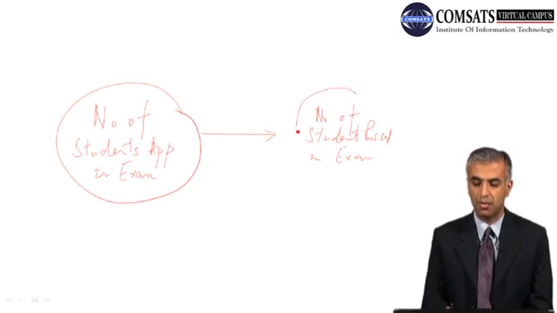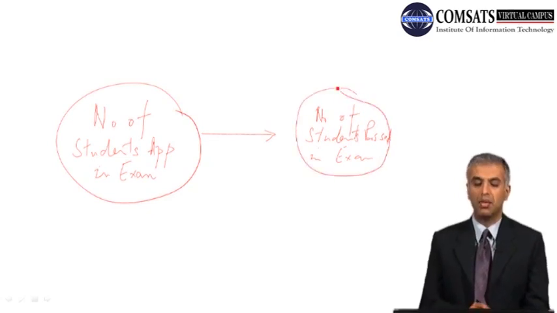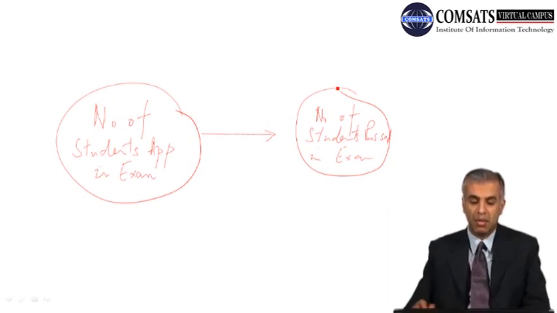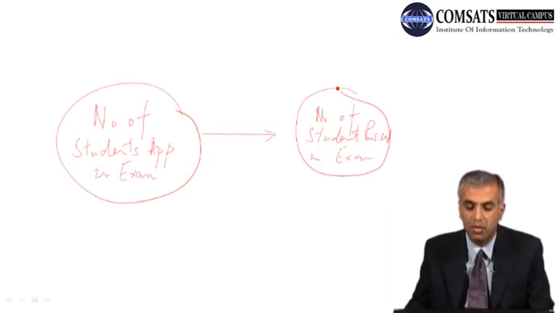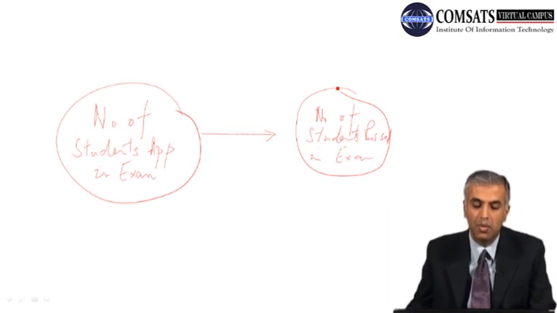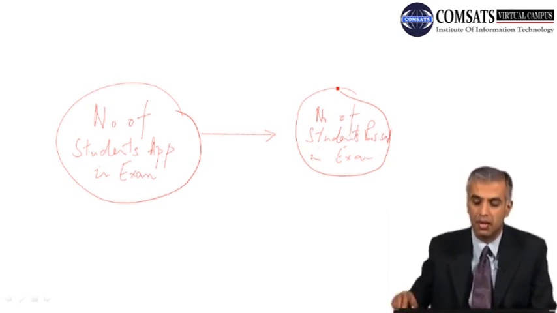From this basic model, we just want to know whether these two terms are interrelated, whether the number of students who are appearing in the exam really causes the number of students who pass. So in other words, the number of students who are passing the exam is dependent upon the number of students who are appearing. Here we just went through an example in SPSS.